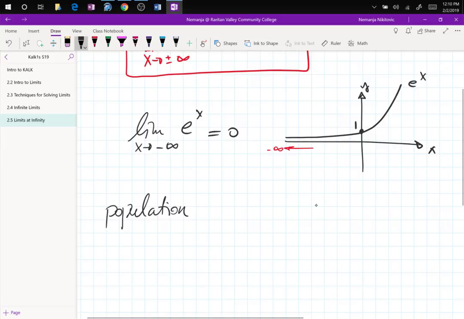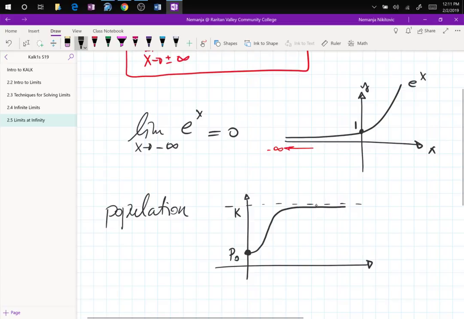And you might run into a graph that looks like this. Initial population P0, exponential growth, and then it levels off at some value capital K. Usually this is a time axis, and this is the population axis.